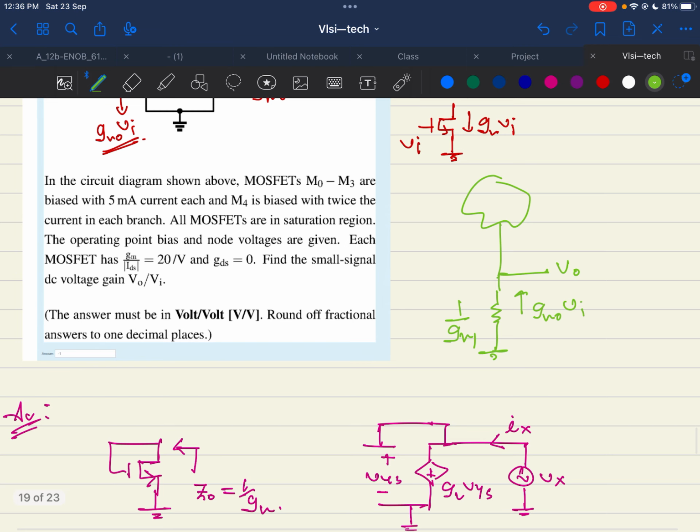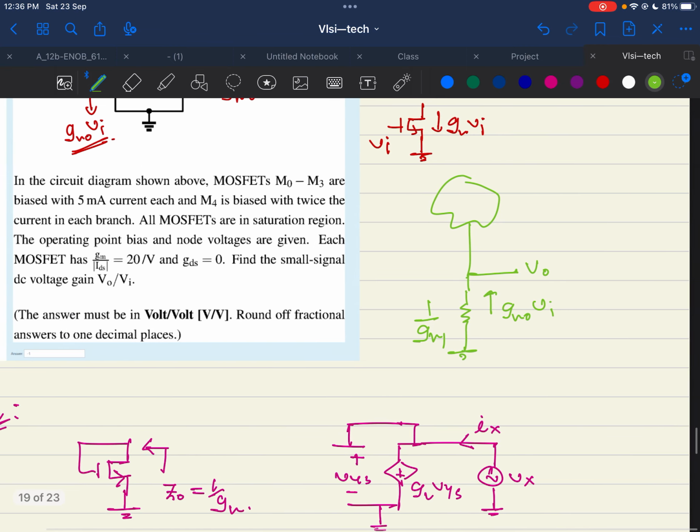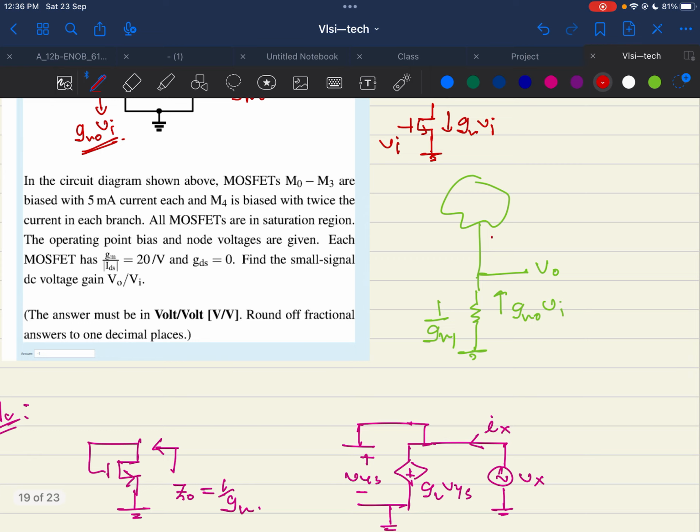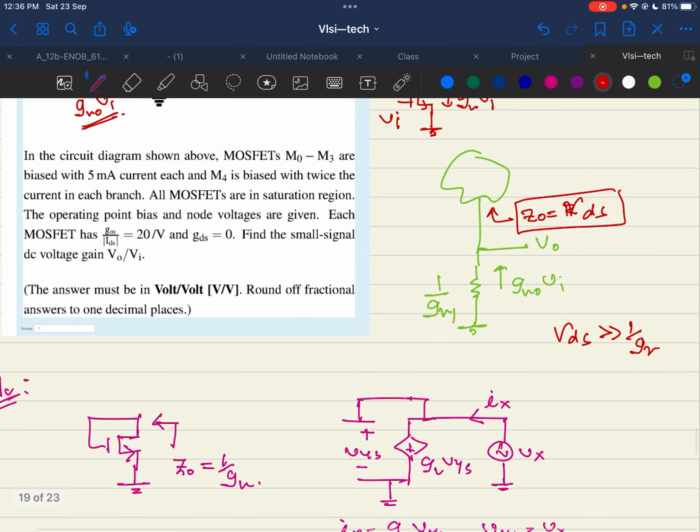If we find the impedance, RDS will come in, but this RDS value is very high compared to 1 by Gm. So the equivalent impedance from this terminal is Z0 equals RDS parallel 1 by Gm1, or, as 1 by Gm1 is very small, 1 by Gm1 will be the equivalent impedance.